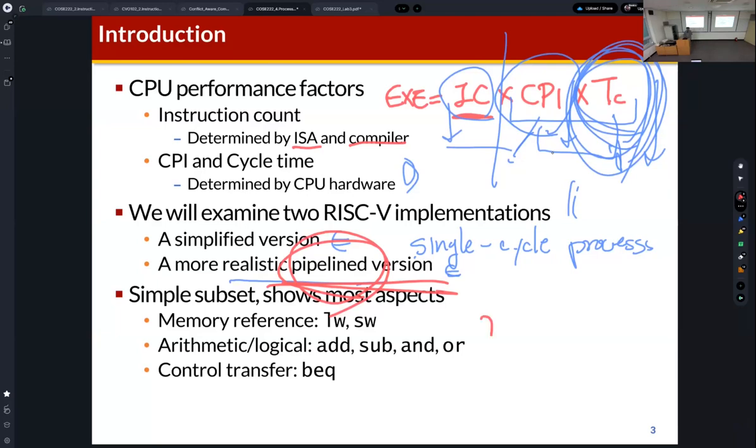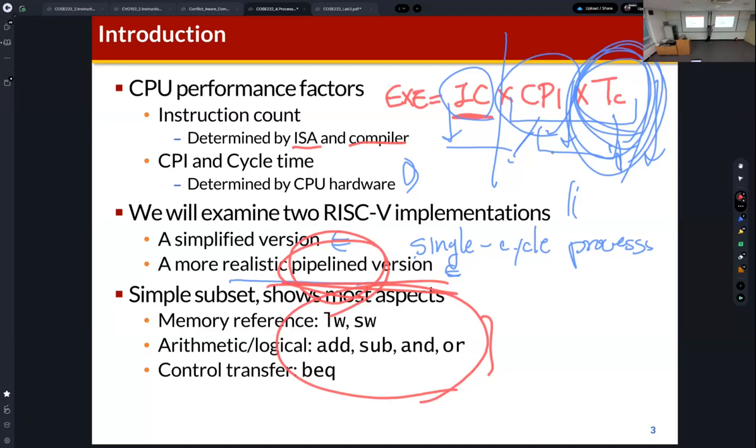Okay, so in chapter 4, we assume that our RISC-V processor just provides several instructions, I mean, part of the RISC-V integer instructions. We need to simplify the architecture of the processor. But as you can see, these instructions include every category of instruction.